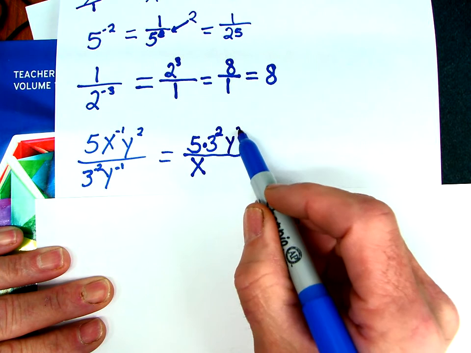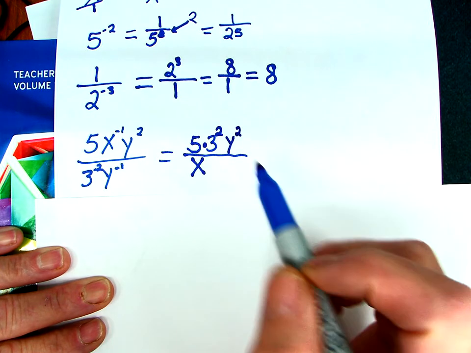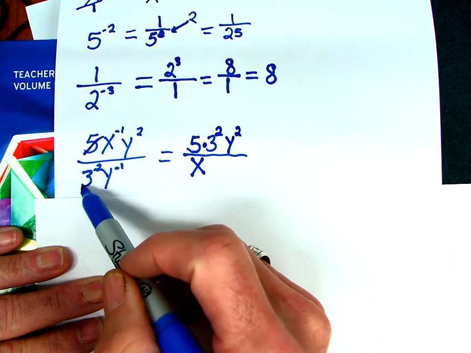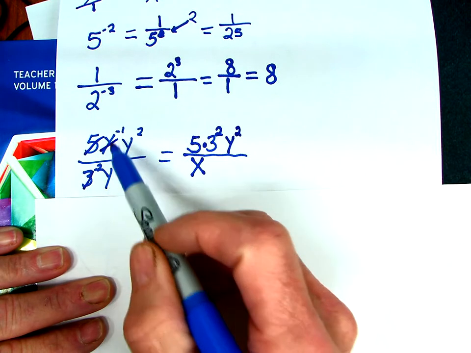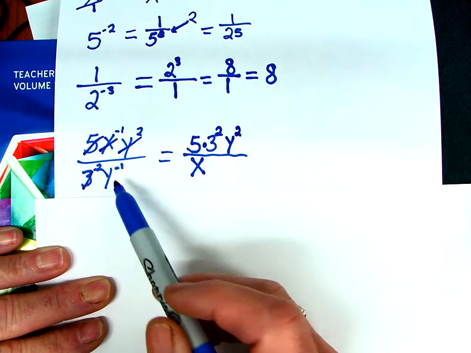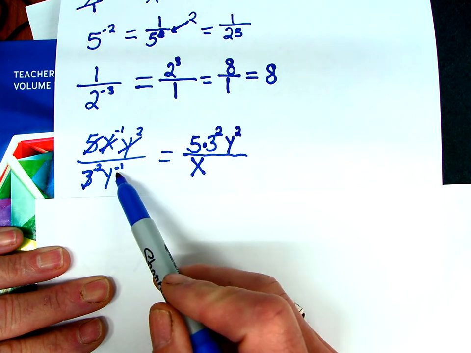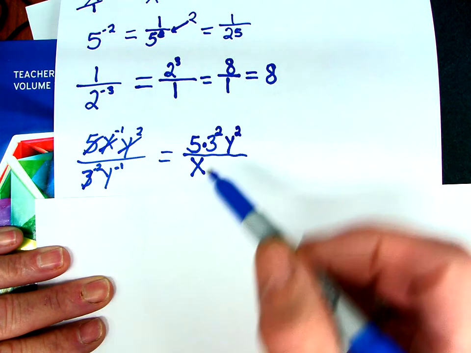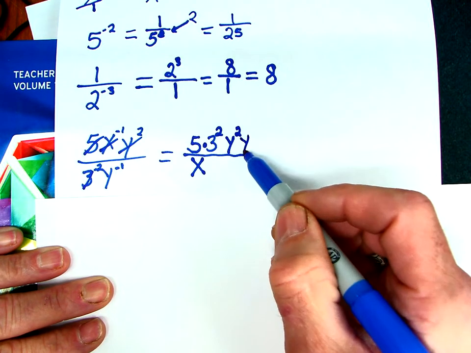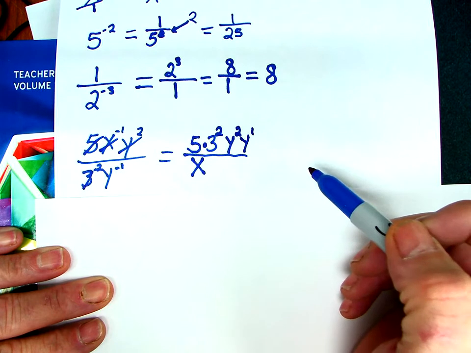Y to the second. So I've taken care of the 5, the 3, this x, this y, and all that remains is this y to the negative first power. That means it doesn't belong on the bottom, it belongs on the top, y to the first power.